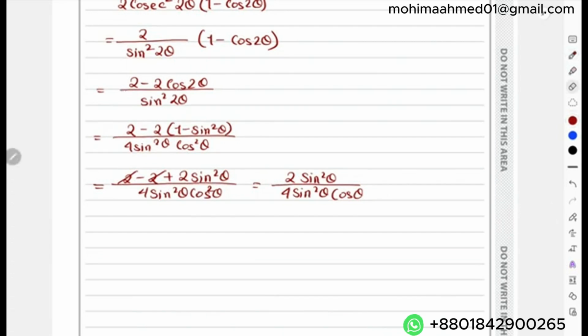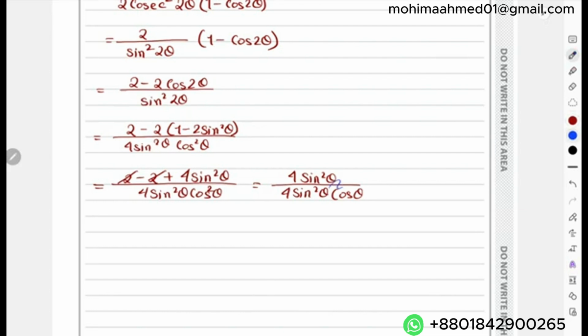Sorry, I made a little mistake. It's supposed to be 2 sine squared theta on top: 2 minus 1 is 2, and then 2 into 2 is 4. So over here again, you end up with 4 sine squared theta.